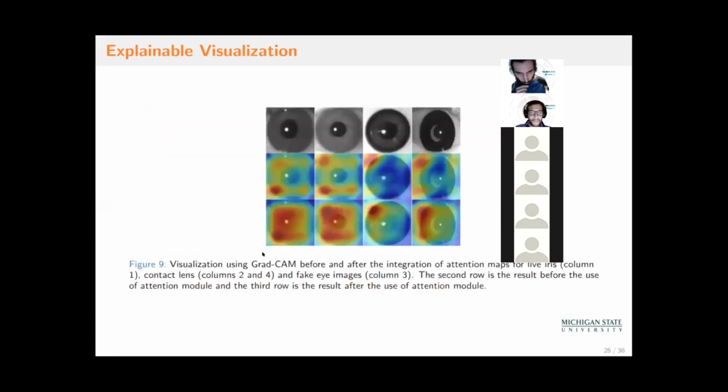Here, we show the Grad-CAM visualization results before and after we apply the attention modules. The second row gives the results without using attention modules, and the third row gives the results after we apply the attention modules. Clearly, we can notice that after we apply the attention modules, the Grad-CAM starts to focus more on the cylinder regions.